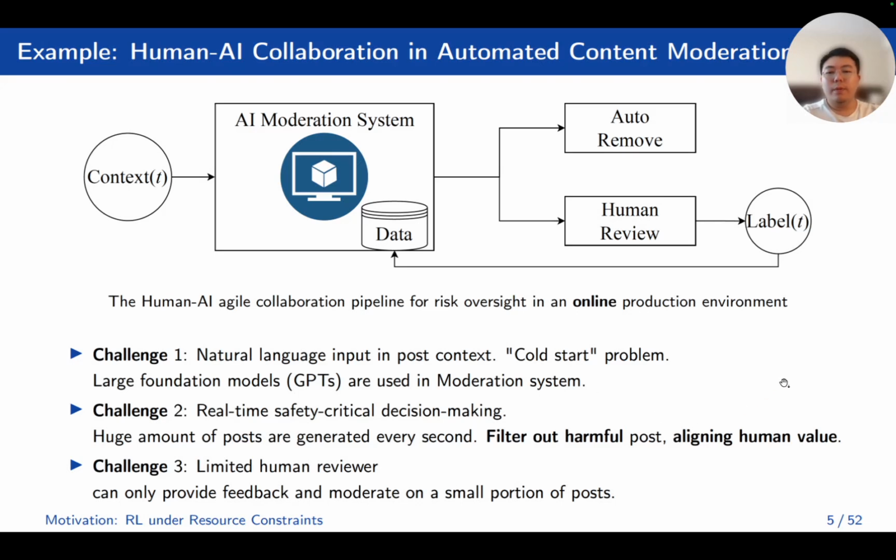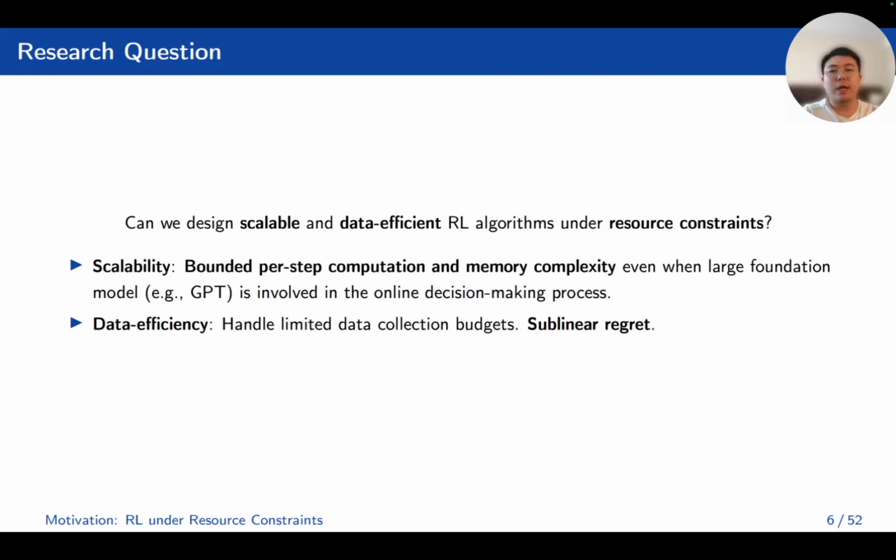So the question here is: can we design scalable and data-efficient algorithms under resource constraints? The first one is about scalability, which means that even when large foundation models are used for processing unstructured inputs such as language or vision, it still needs a bounded per-step computation, because it has to be a real-time decision; this is a very critical real-time online system.